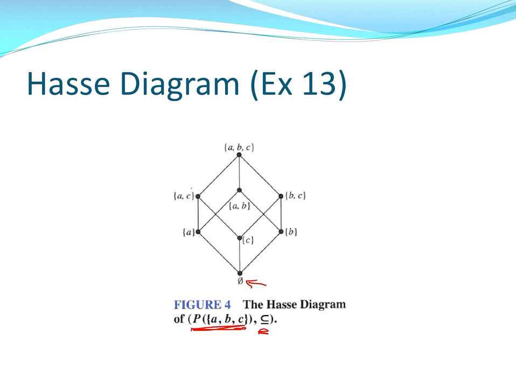But it's a subset of each of the single element subsets, which themselves are subsets of the 2 element subsets, so we don't need a line from the empty set to the 2 element subsets. And then all the 2 element subsets are subsets of the 3 element subset. You can see that these are all about at the same level. They aren't comparable to each other, but they're comparable to some of those above and below.